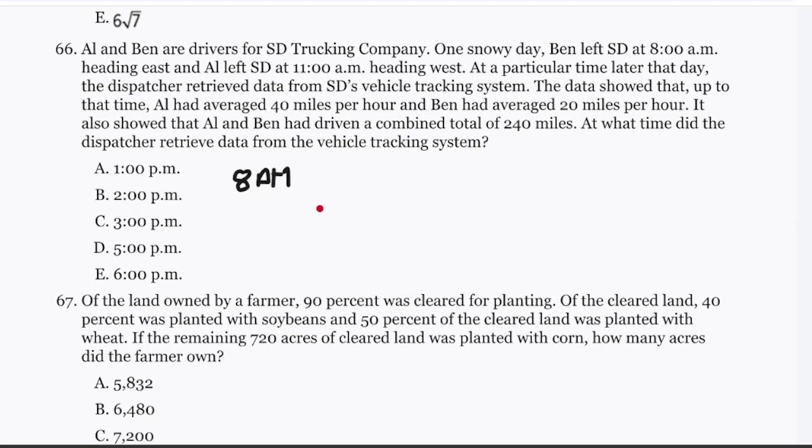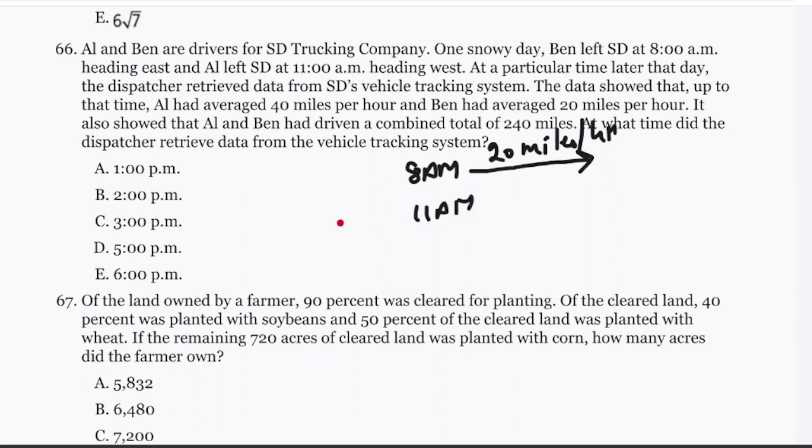Let's make SD in the center, because they are moving in opposite directions. So at 8 a.m. he is moving in this direction, Ben, at a speed of 20 miles per hour, and at 11 a.m. Al moved towards the west, and the speed for Al is 40 miles per hour.